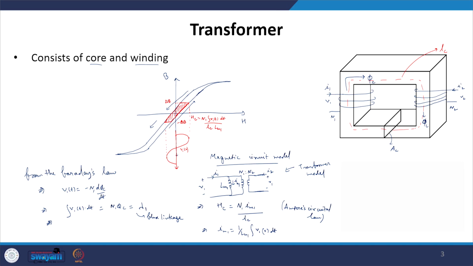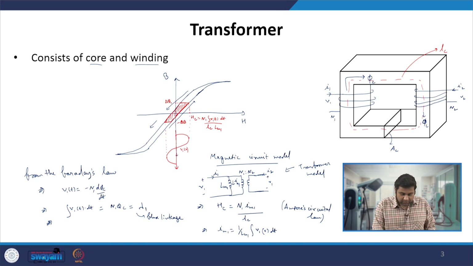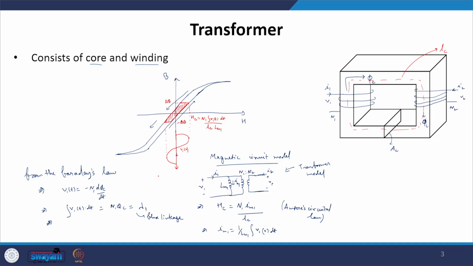If you look very carefully, the AC component of this magnetic flux goes from delta B to minus delta B. Sorry, this is V2.